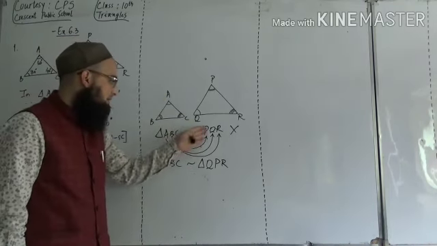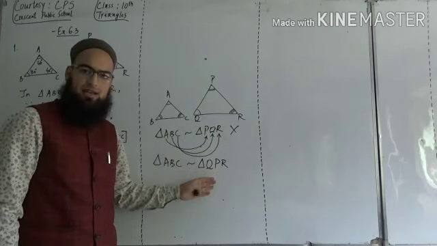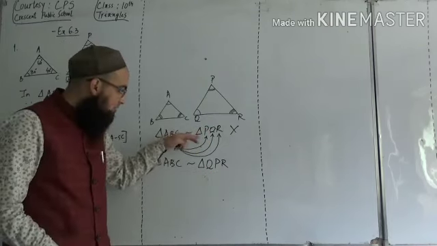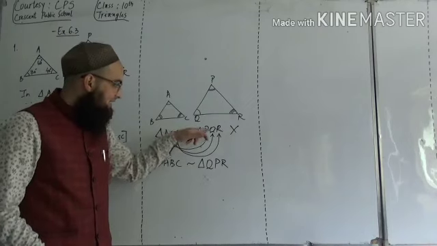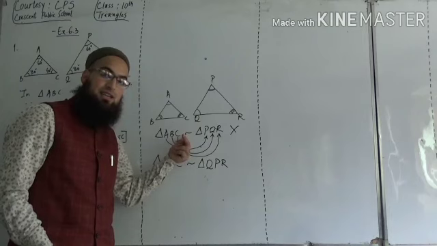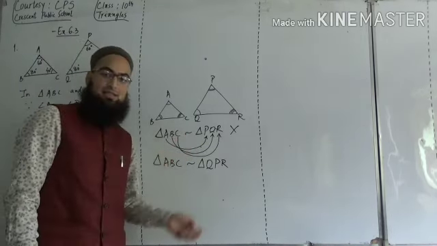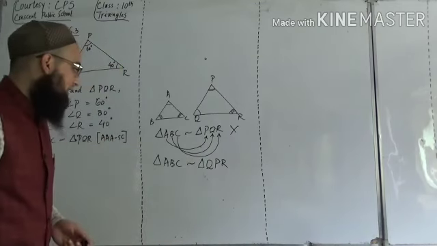It seems that there is no difference between triangle PQR and triangle QPR. Yes, there is no difference at all in writing this triangle and this triangle. But when you show the similarity, you have to keep note of this point, that corresponding angles must go together. Got it?